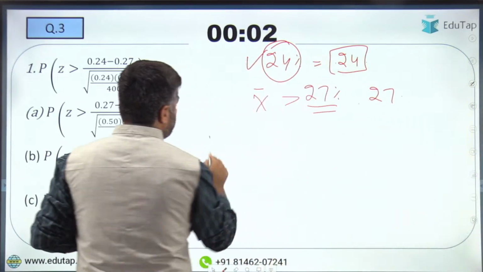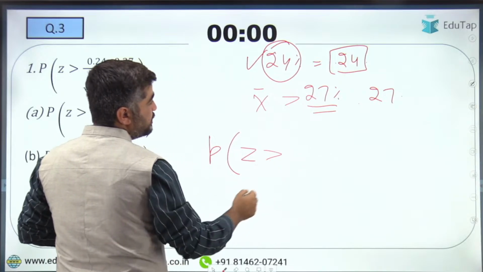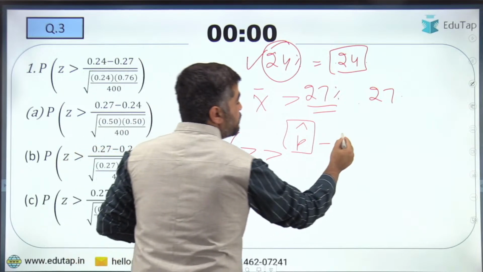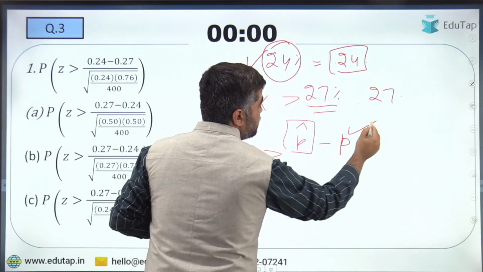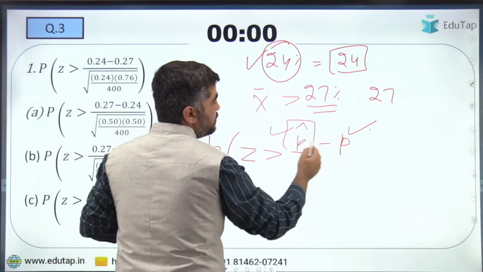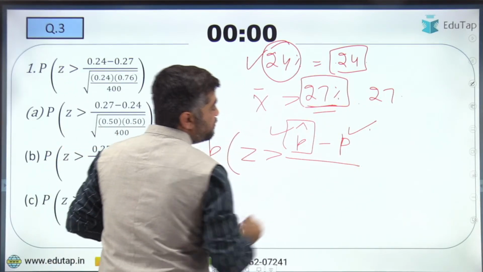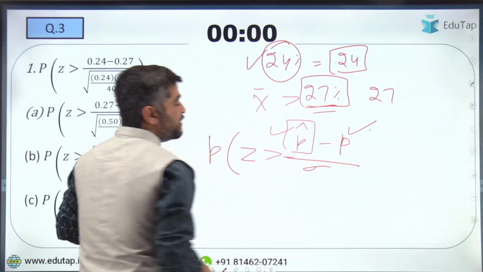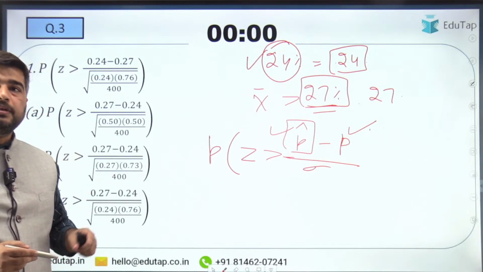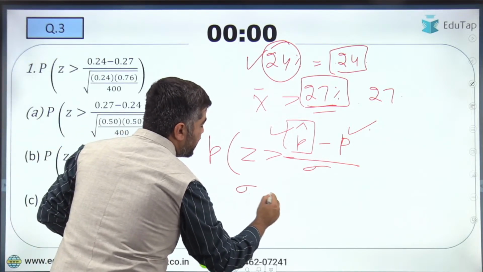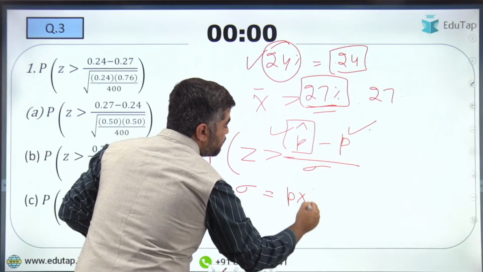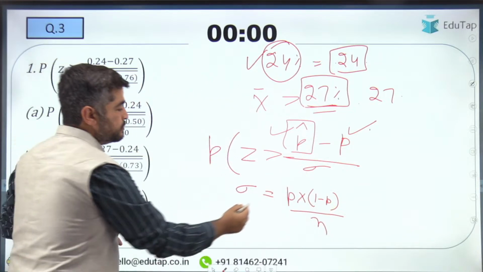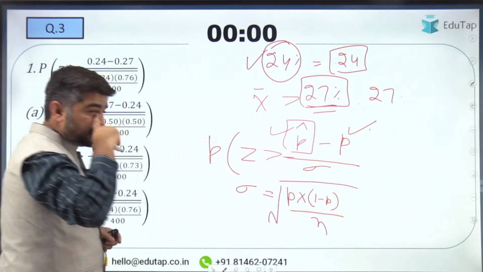So Z should be greater than the sample proportion minus the population proportion, 0.27 minus 0.24, divided by the standard deviation of the sample. The standard deviation is calculated by the root of p into 1 minus p divided by n.